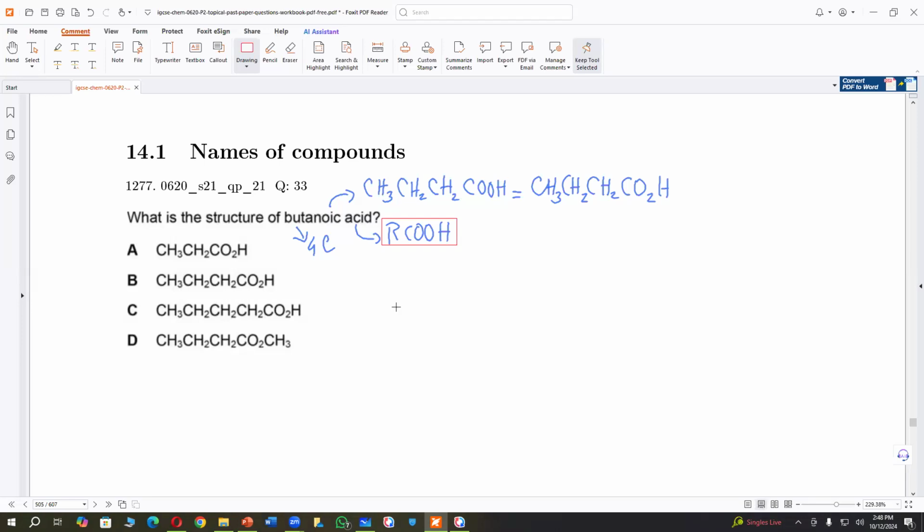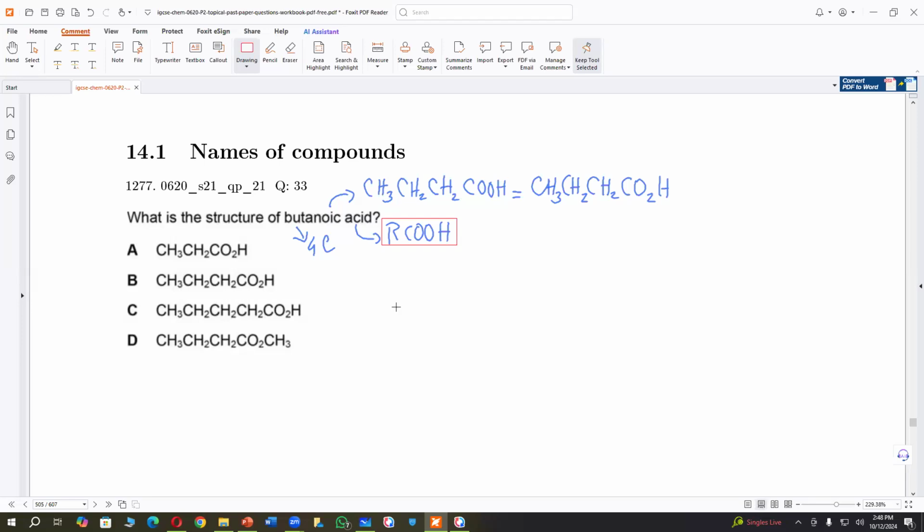Okay. So now you have to look at it carefully and mark the right answer. It's the first one. CH3, CH2. Count the number of carbon in the first one. I think it's the second one then, right?